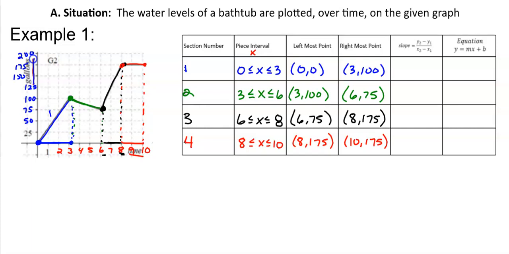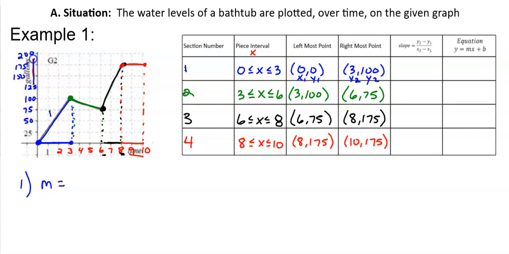Okay, the point of doing all of that is so that we can easily find all of the slopes for these equations. Obviously, if you're writing an equation in y equals mx plus b form, you're going to need that m value. So I am going to do a little scratch work here. For segment 1, if we are finding the slope, we're going to use 0 for x1, 0 for y1, 3 for x2, 100 for y2.